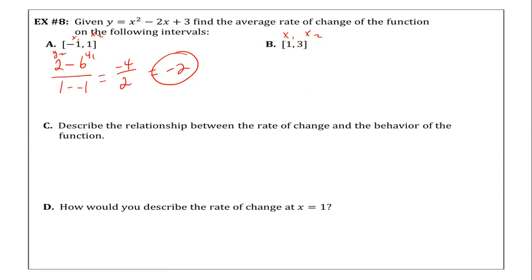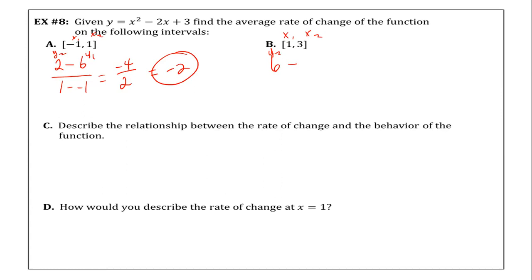Here we go. Our x2 is 3. So we're gonna find our y2. What is 3 squared? 9. What is -2 times 3? -6. 9 minus 6 is 3 plus 3 is 6. Good job, guys. All right, next one. 1 squared is 1. -2 times 1 is -2.